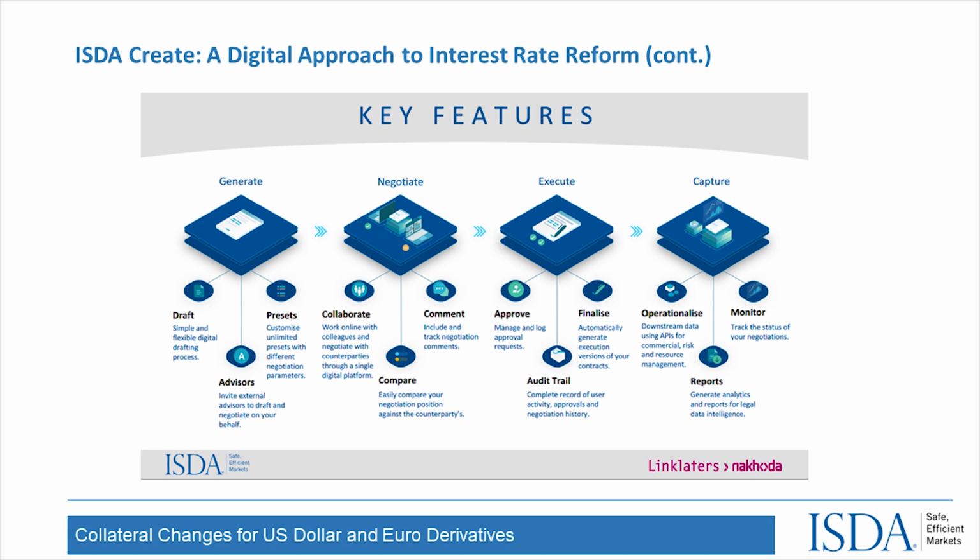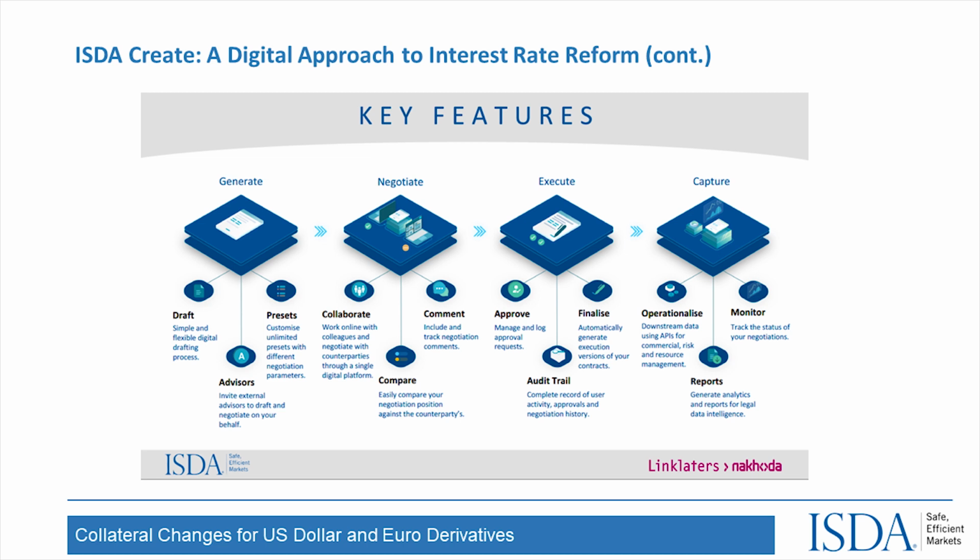So the first one is the ability to generate documents. So that allows you to create templates for various negotiation positions and then produce them on a bulk basis. You are also allowed to have advisors negotiate on your behalf or generate documents on your behalf.